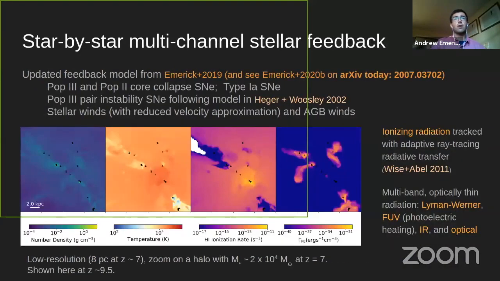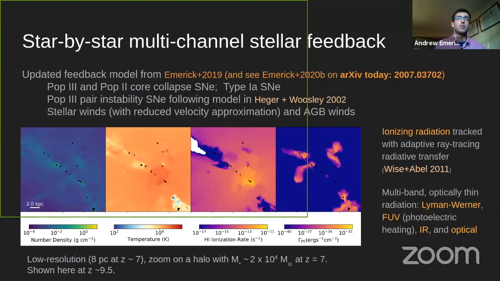And with the individual stars, we can do star-by-star multi-channel stellar feedback. For each of the stars, we're tracking their evolution and whether or not they explode as core collapse supernovae. For the low-mass stars, we actually evolve them into white dwarfs and have a realistic way of capturing them as type 1a supernovae.